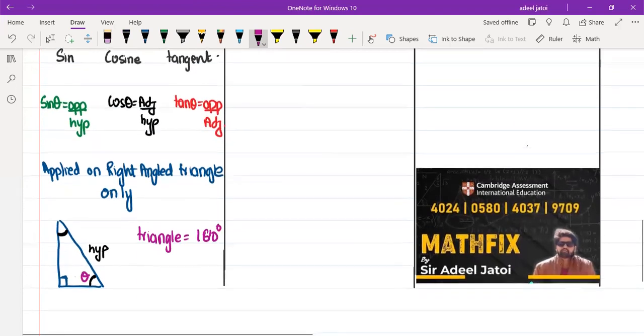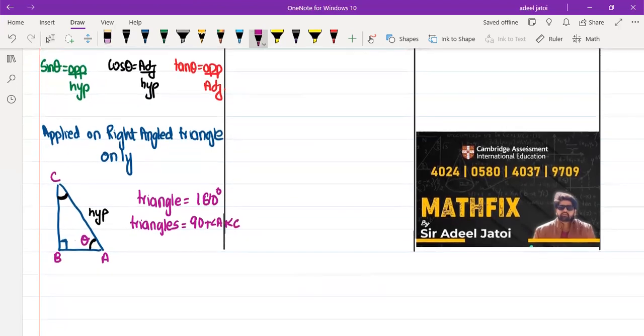Now, if 90-degree is gone, that means the remaining two angles will add up to 90-degree. Let's say this is A, B, and C. So angle A plus angle C will be 90-degree.